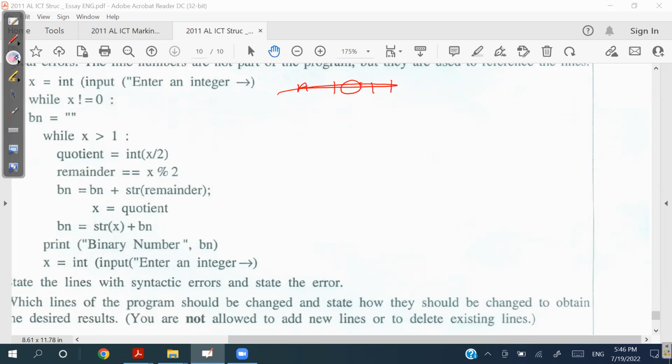So this is the thing that we are going to check, whether it is giving us an error or not. So we are checking when 11 is given, is this the output that we are going to receive?